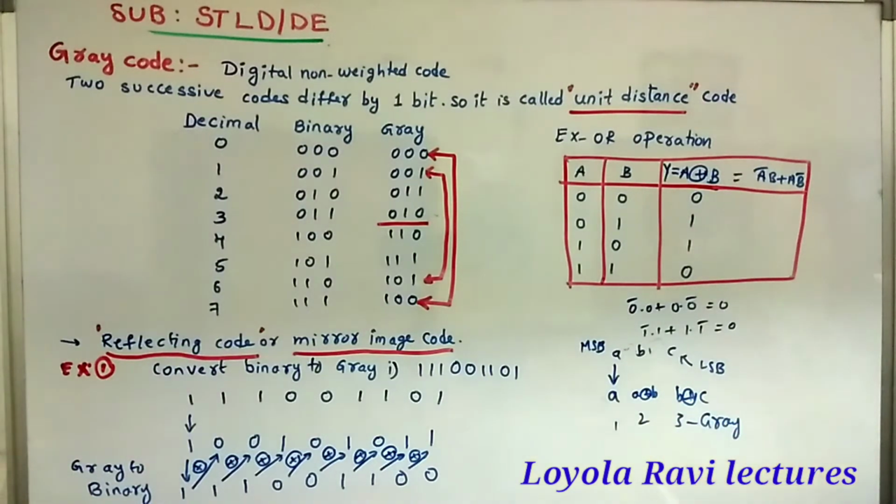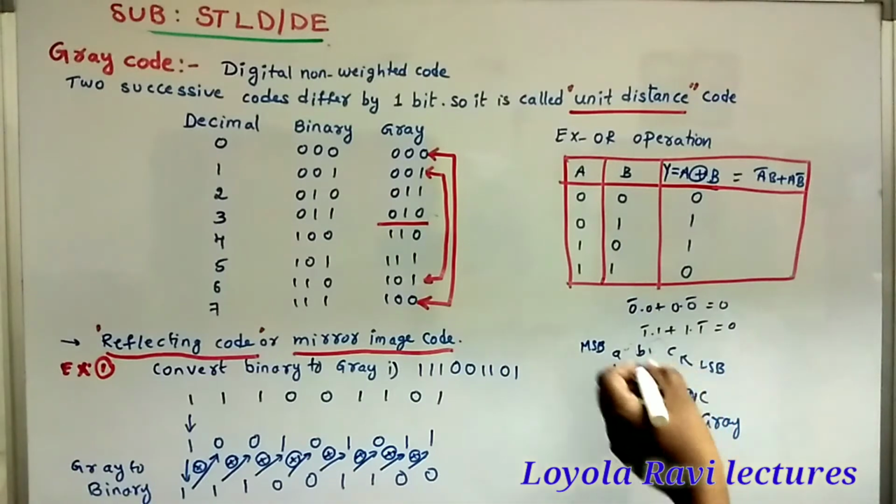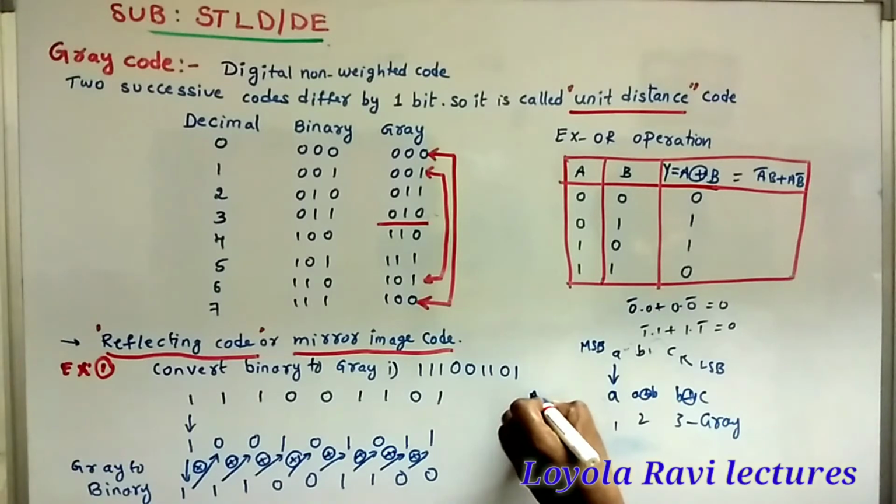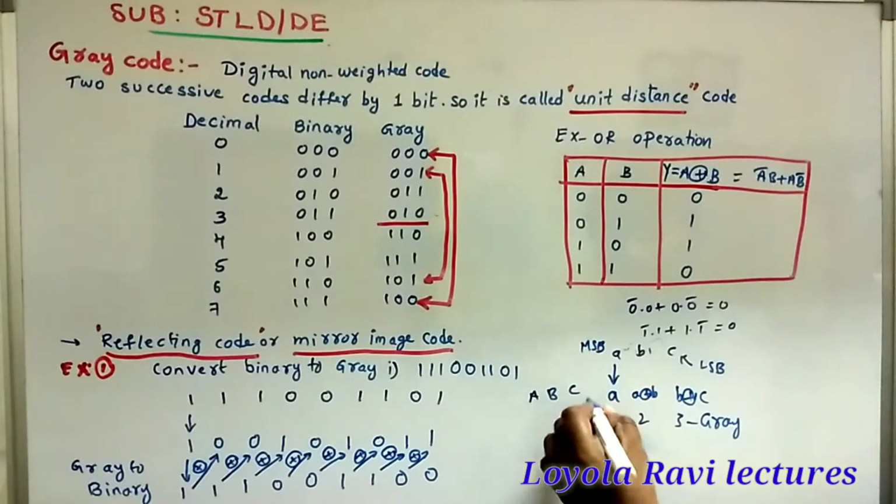In the same manner, if you want to convert from Gray to binary, take A, B, C as a Gray code.